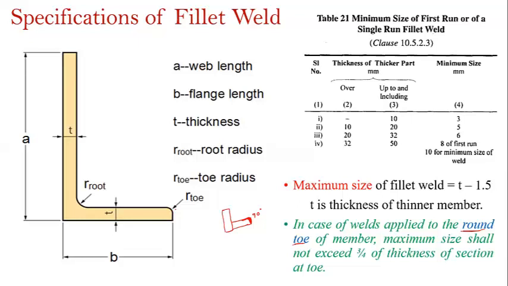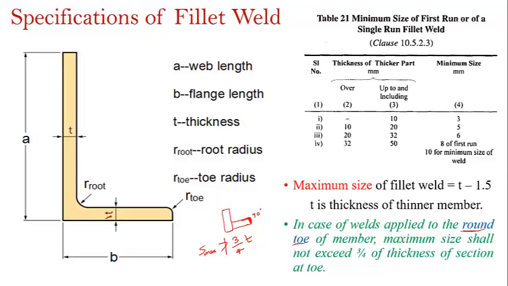So if you find welds which are to be made at a rounded toe, then the maximum size, that is S max, of the fillet weld shall not exceed, or shall not be greater than, 3/4 of the thickness at toe. So this is how you can find out for the rounded toe of an angle section.